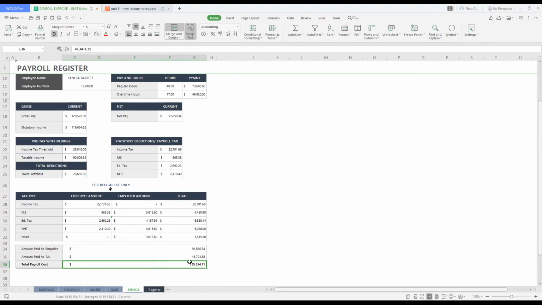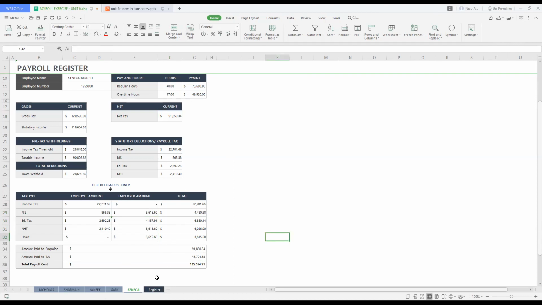So this doesn't include the amount that they paid, just your portion of the tax that you have to pay, because this is in addition to the $91,850.34 that you have to pay the employee.